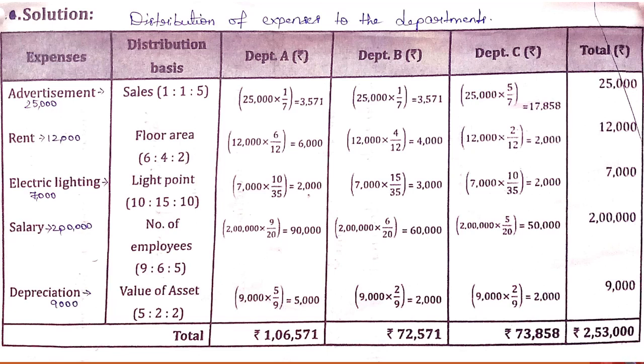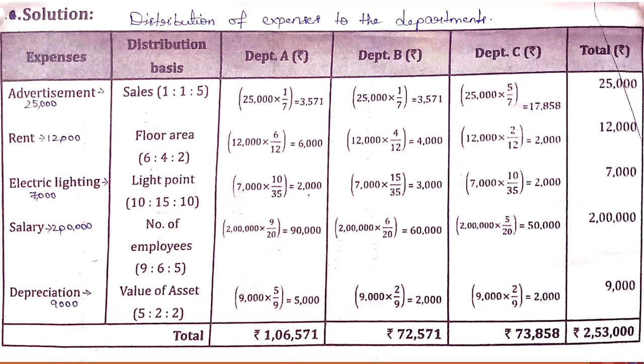The next column is basis of distribution. On what basis are you going to distribute the expenses? In the question they have clearly asked to distribute the expenses for all the departments. Let us maintain one more column for distribution of expenses, because it will make you clear on what basis you are going to distribute.